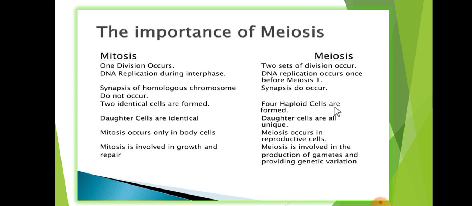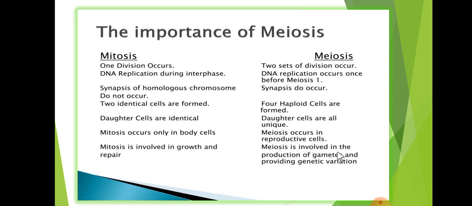So 4 haploid cells are formed. Each of these 4 haploid cells is different from the others. Daughter cells are all unique, and meiosis occurs in reproductive cells, which are called the sexual cells, found in the male and the female reproductive organs, the testes and the ovaries.